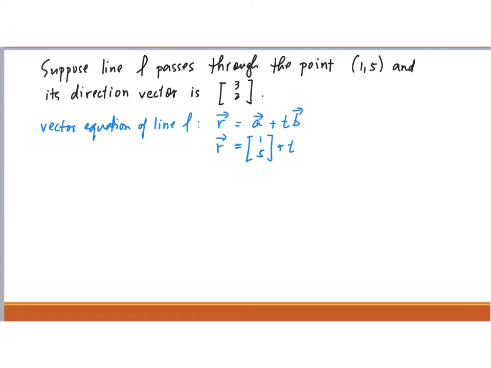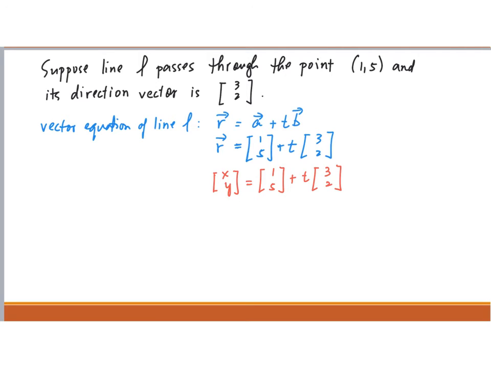Plus t, the direction vector is already given. So it's (3, 2). And again, remember that because r is a vector, it has an x component and a y component. So we could write this equation as (x, y) equals (1, 5) plus t(3, 2).